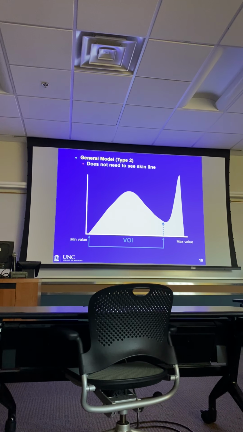So the system knows that for an abdomen, it's going to look for certain values that signify, okay, this is soft tissue. We only want to include in our processing, once we know we're inside the soft tissue, all the way to the lowest value. So the soft tissue, the bones, and the abdomen. It is not looking for skin line values per se, because there's really not a skin line value.